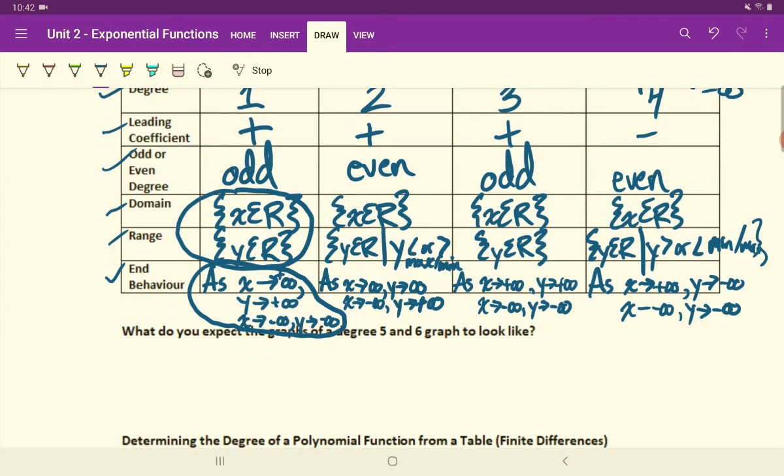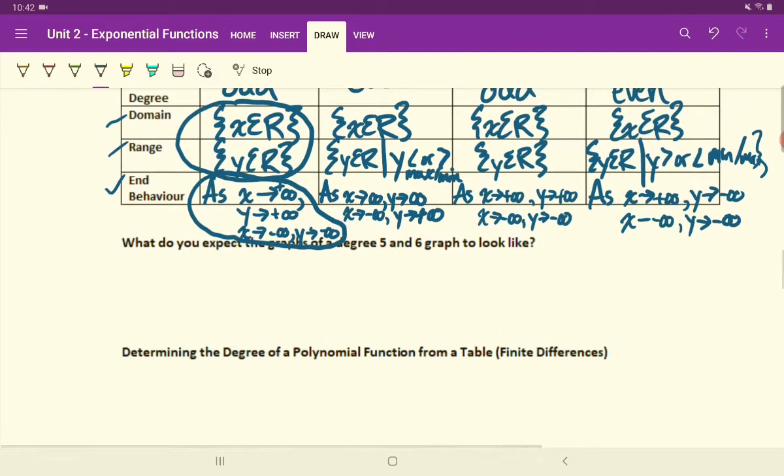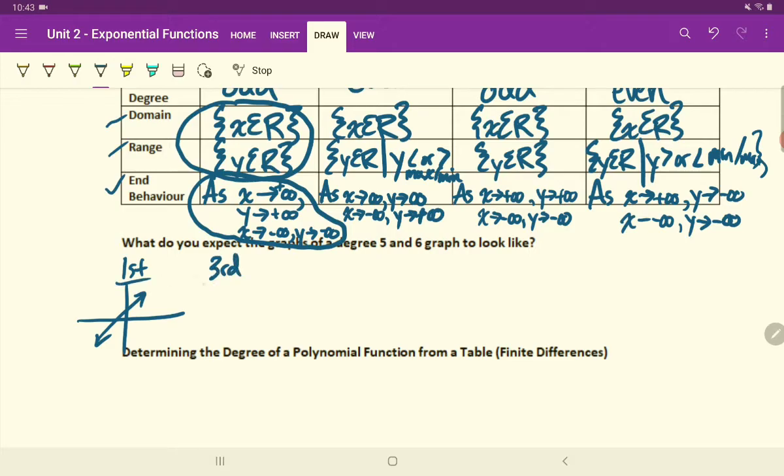The next question is, what do you expect the graphs of a degree 5 and 6 to look like? Okay, so a 5th degree, let's compare it to a first. If a first degree looks like this, a 3rd degree potentially looks like this.